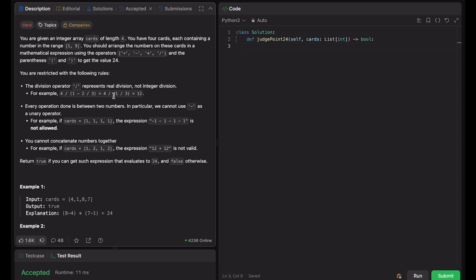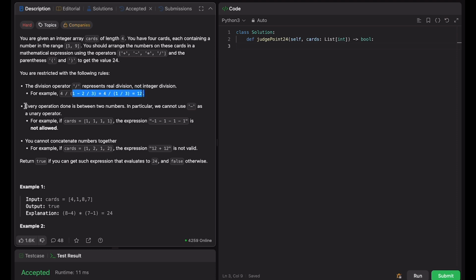If you also see here, 4 divided by (1 minus 1 by 3), so in turn 3 will go up and we'll get the answer as 12. Here they have given it as wrong, but the answer will be 12 for this case.